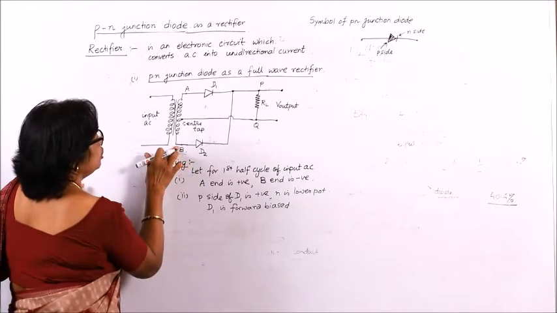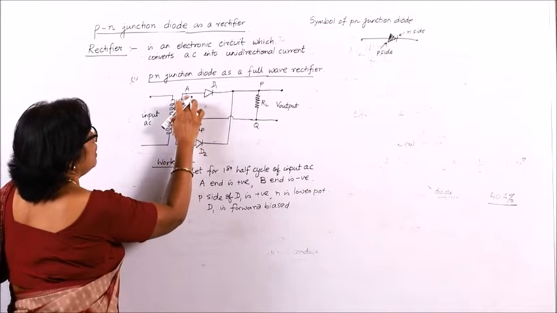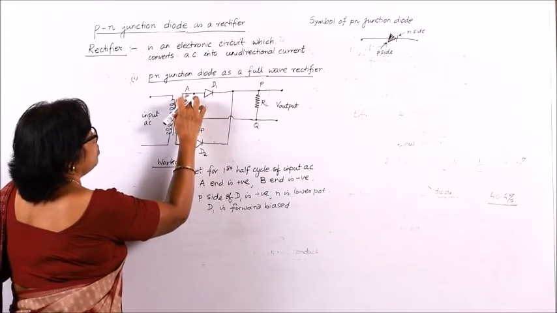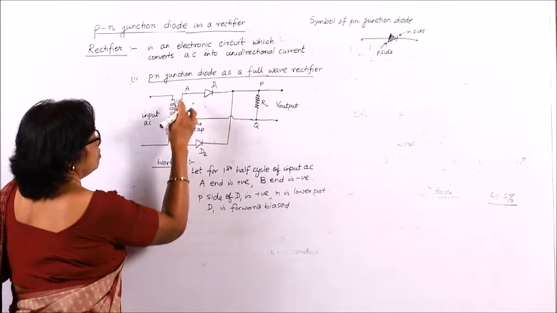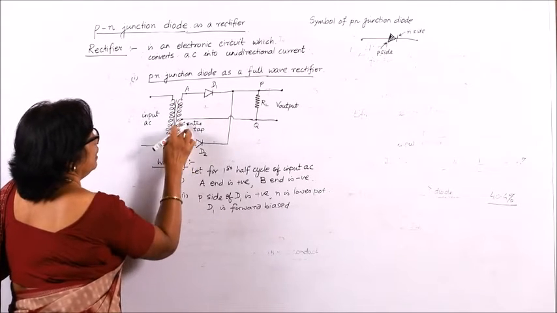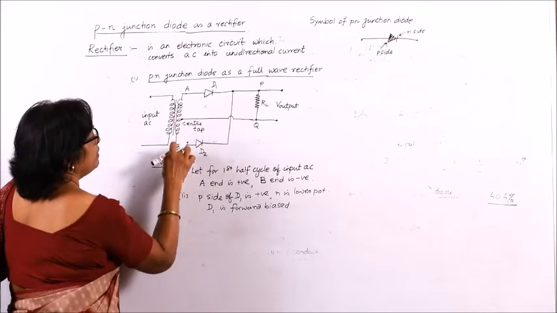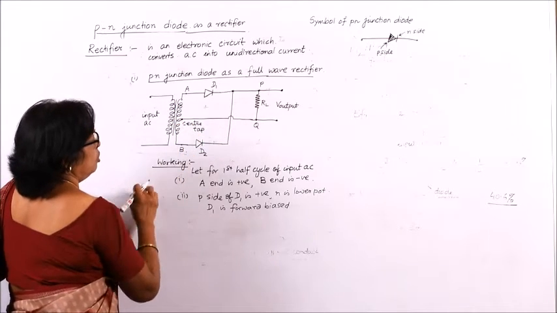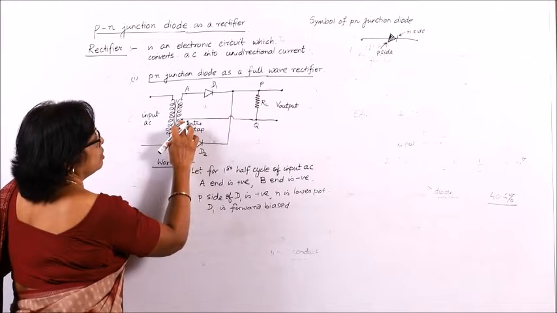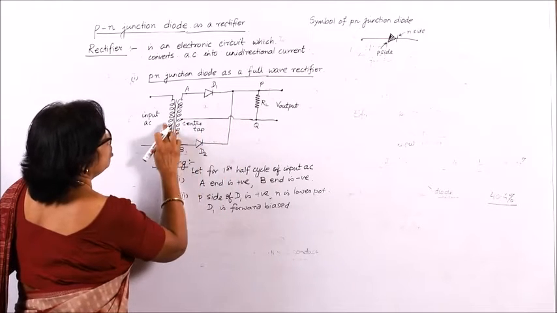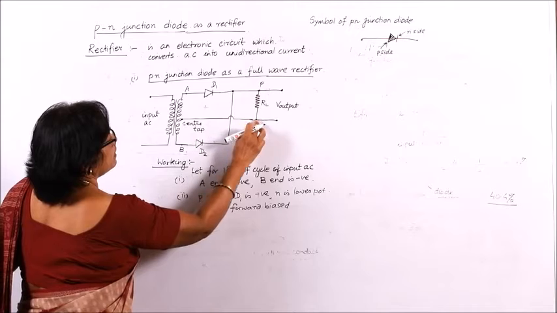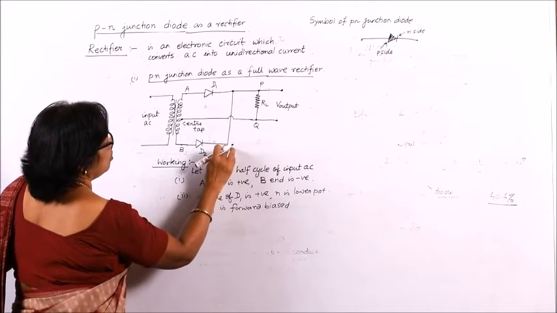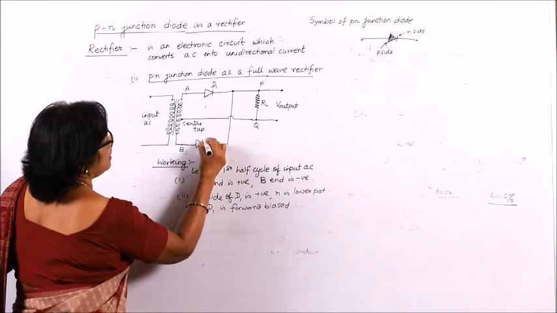D2 is at 0 potential, let us say if this is plus, then this is 0. Let us say this is plus 20 volt, this is 0 volt. This point will be halfway, that means if this is 20 volt, this will be 10 volt, this is 0 volt. So, if this is 10 volt, it is connected through to this point, so this is the N side.